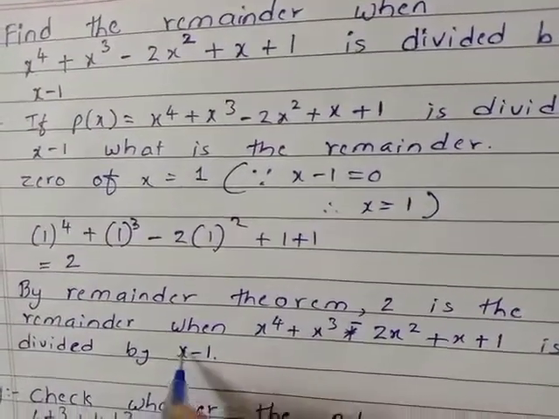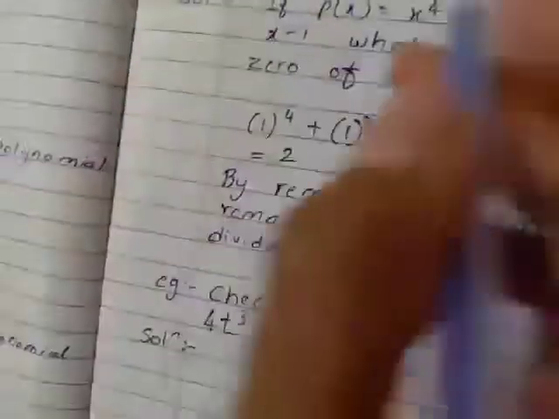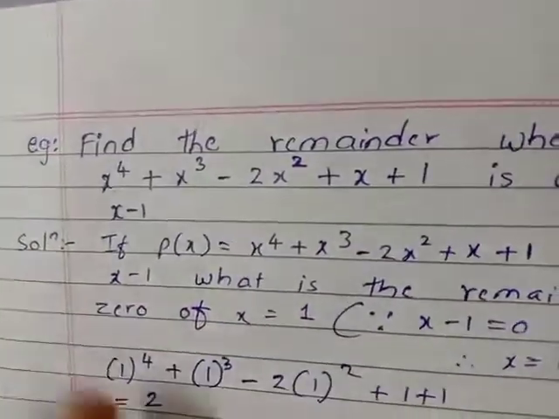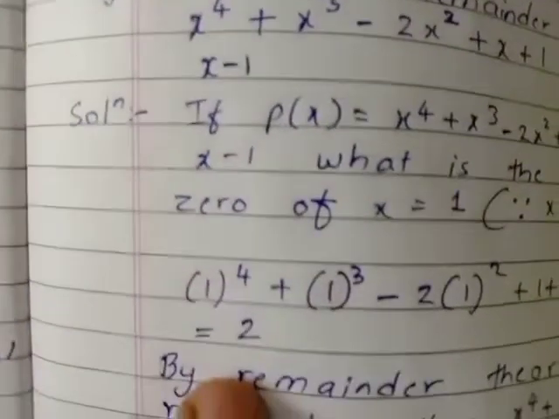Okay, what does it mean? That if you divide this by x minus 1 in this same fashion, you will get the remainder as 2.